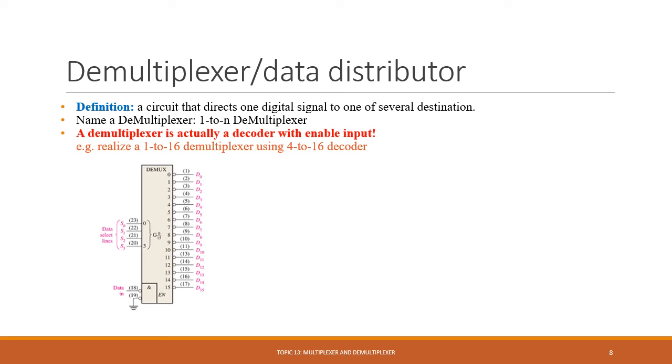One example you can see is here. We can configure the 4-to-16 decoder as a 1-to-16 demux. Basically, we use the four data inputs of the decoder as the select inputs, and then we use one of the enable inputs as the data input.